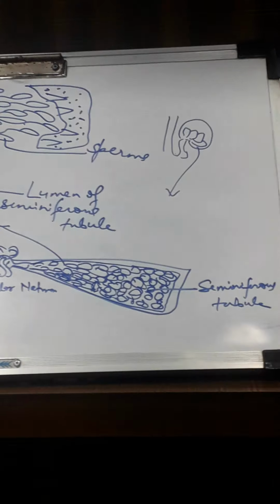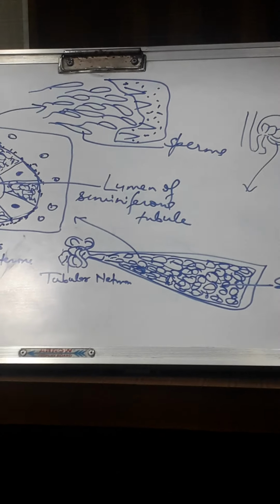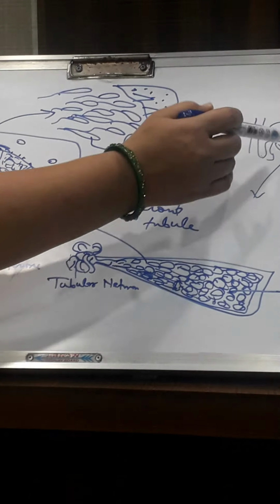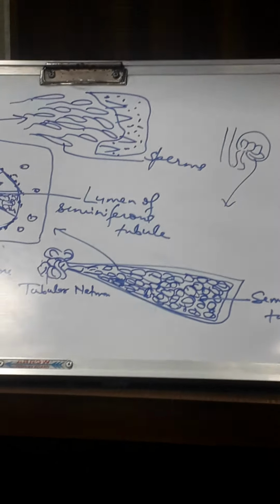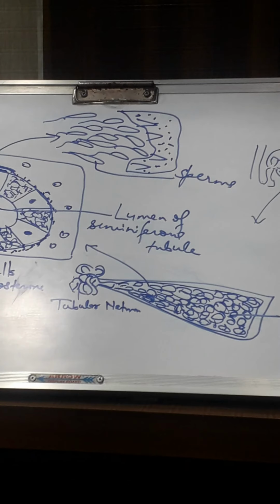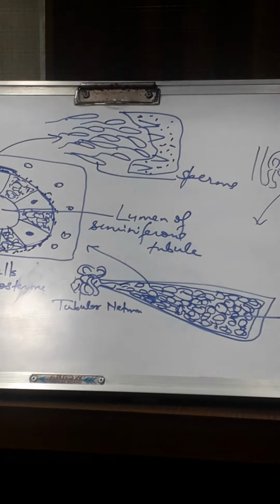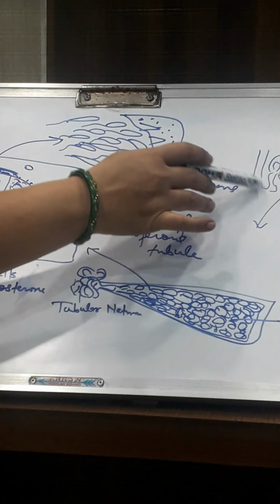Testes, as we have seen in the diagram, are divided into many sub-compartments, each of which contains tightly coiled tubules called the seminiferous tubules. This is where sperms are produced.